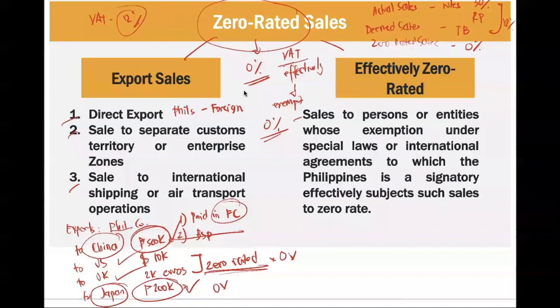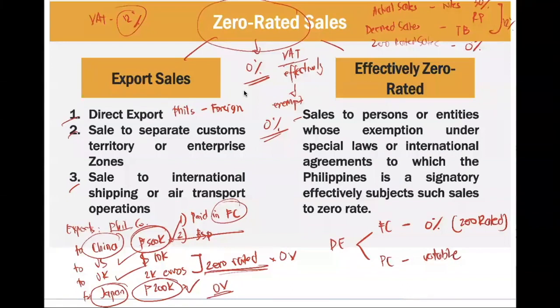Okay? So here, in your direct export, what is the rule? If paid in foreign currency, 0%, it means zero rated. But if the direct export is paid in Philippine currency, it is now considered vatable. Why? Because what we give here is an incentive to those foreign currency deposits.